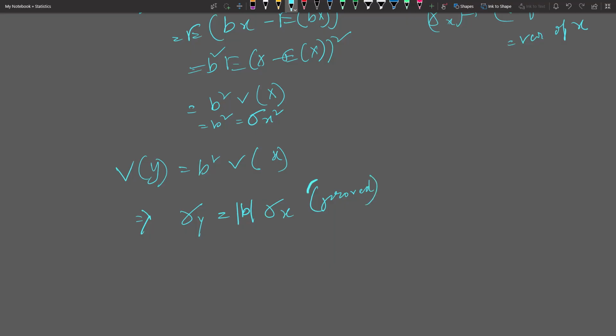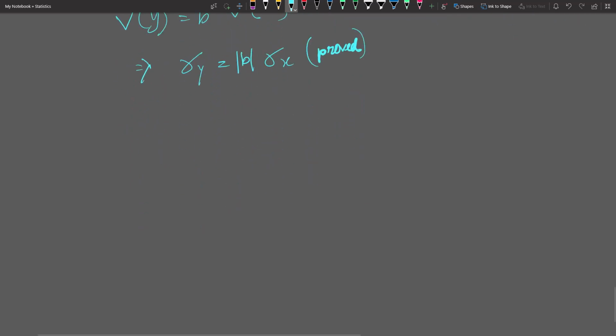These I have also proved. Okay, let me bold it. So the left one is: if y is equal to a plus bx, then V(y) is equal to b square V(x).